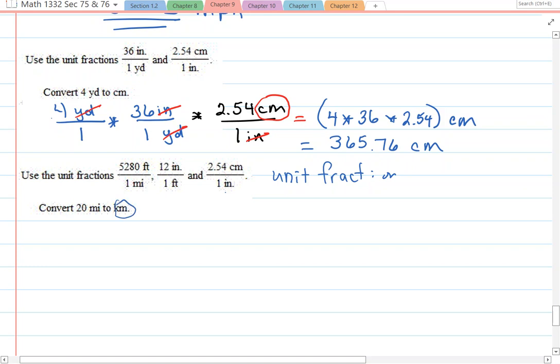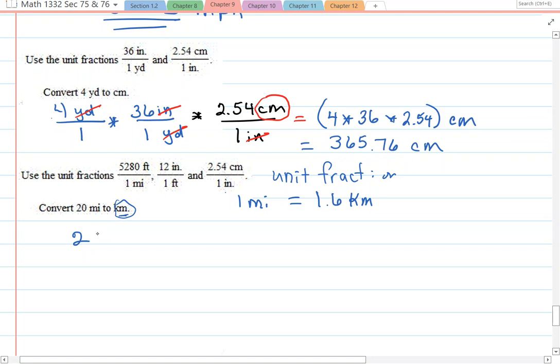So I don't need to use those because I know that 1 mile equals 1 6/10 kilometers. I think that should have been centimeters right here, and they typed it wrong, but that's how it was in the problem.